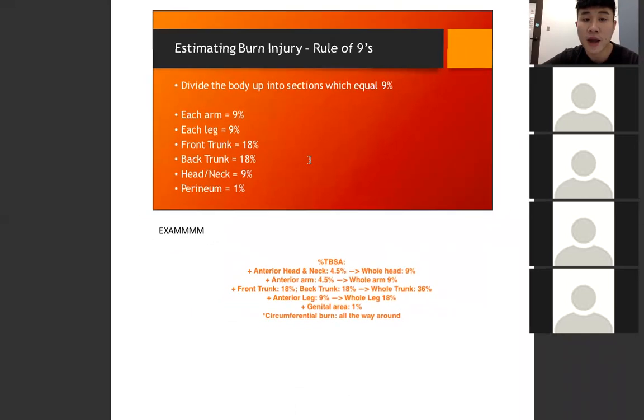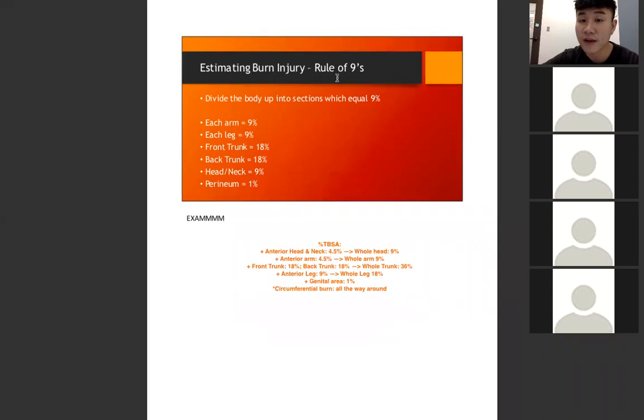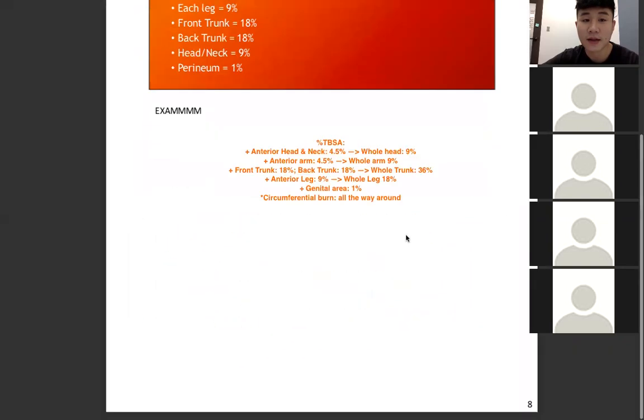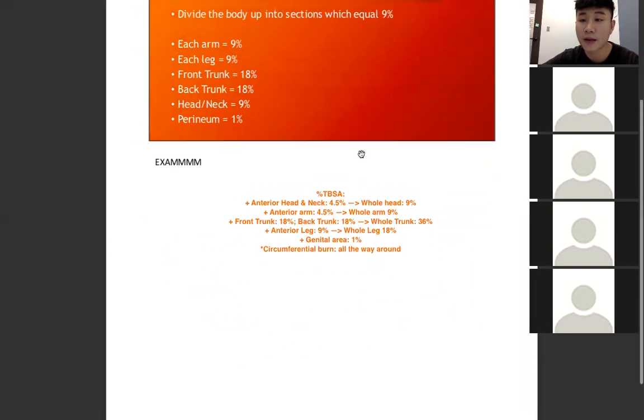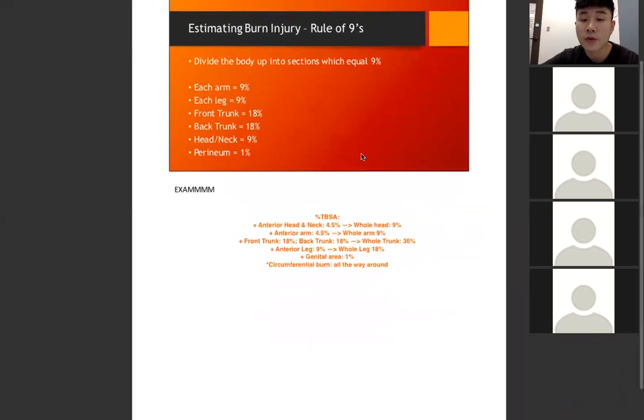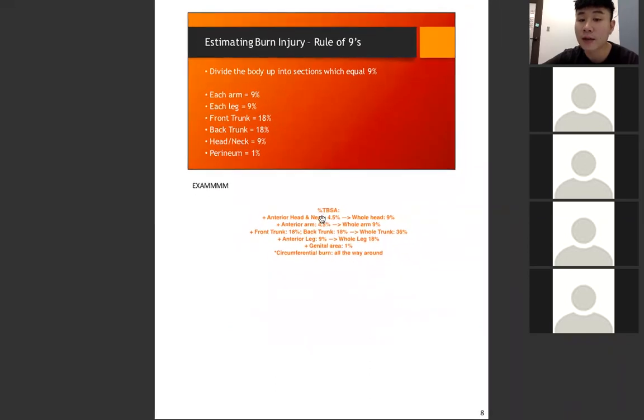All right, so we have the rule of nines. Let's focus on my notes because I think they're more updated and more correct. The reason we need to calculate the percentage of total body surface area of a person who got a burn injury is because this number will be used to calculate how much fluid we need to give to the patient.